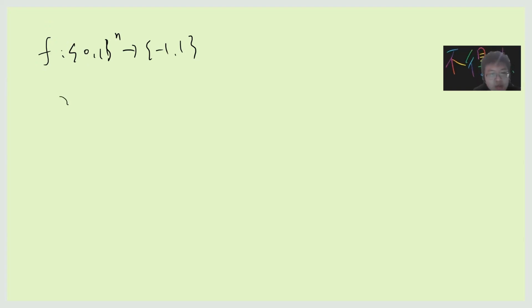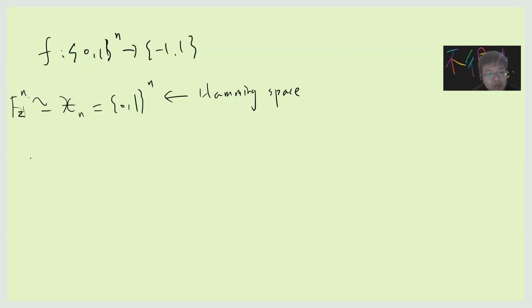I also use this notation {0,1}^n, which is called the Hamming space, or simply you can write it as F_2^n. Or basically it's (Z mod 2Z)^n if you like a more mathematical perspective. Let me introduce why this is called the Hamming space.